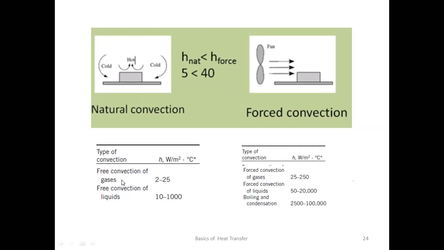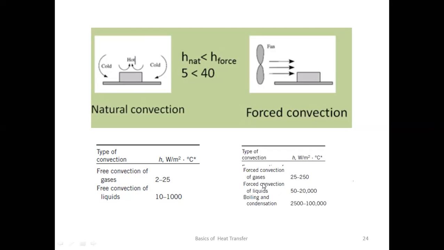Now next, the type of convection, forced convection. For the same thing, gases are used here, both cases you can compare, air is used here and air is used here, but here forced convection is there. Because of forced convection, there is a tremendous increase in H value from 25 to 250.